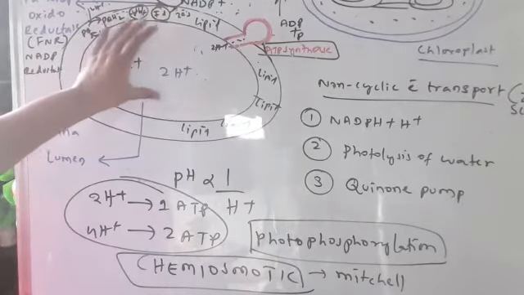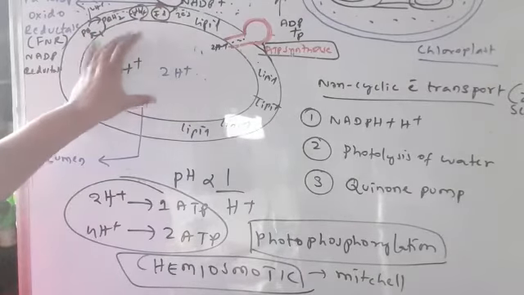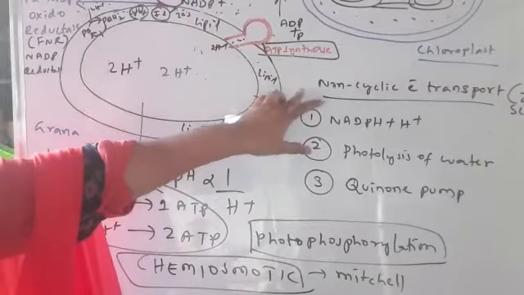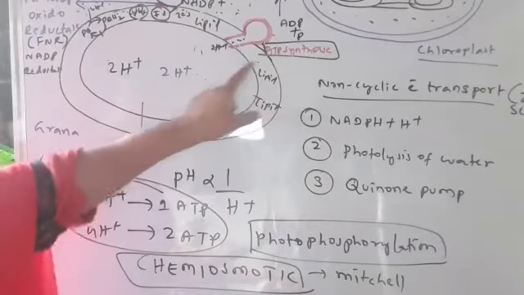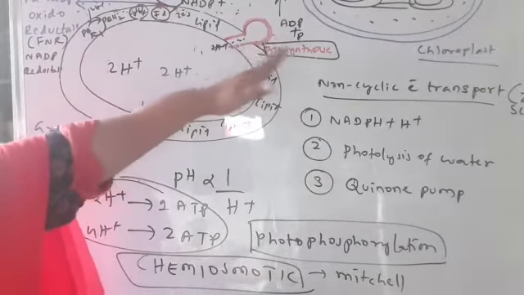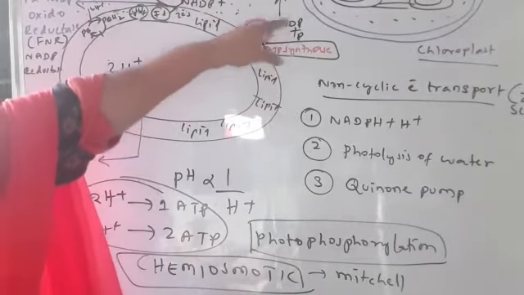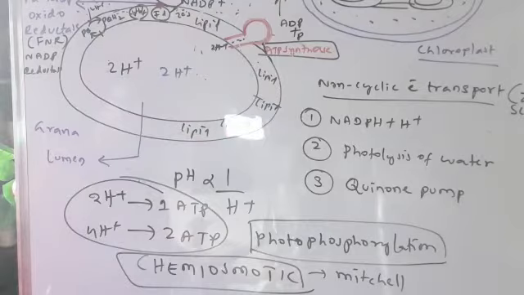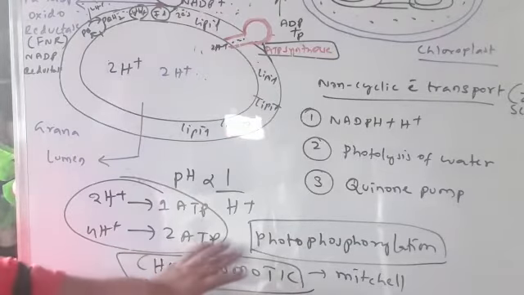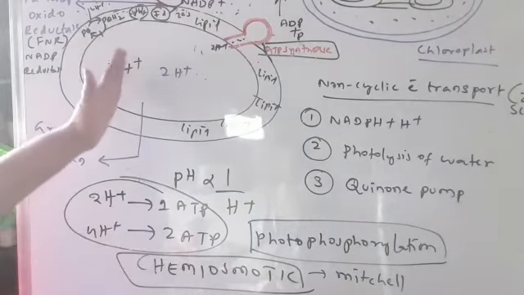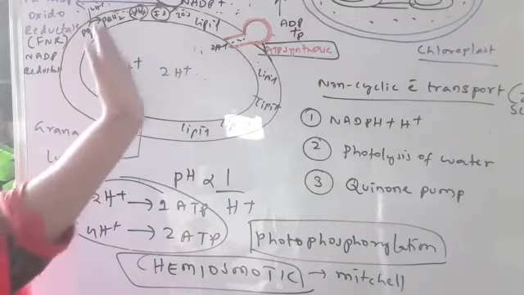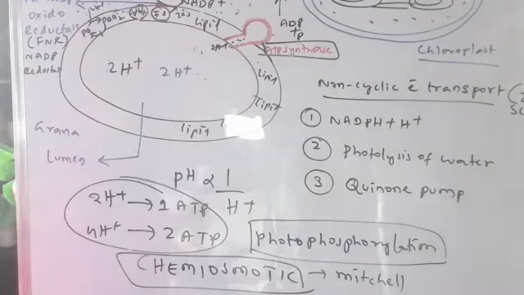Now protons want to move from high concentration to low concentration. They move with the help of ATP synthase or ATPase, and finally ATP is formed. So this chemiosmotic hypothesis explains the movement of the protons from the lumen to the stroma, and how it takes place. This concept was explained by Mitchell.